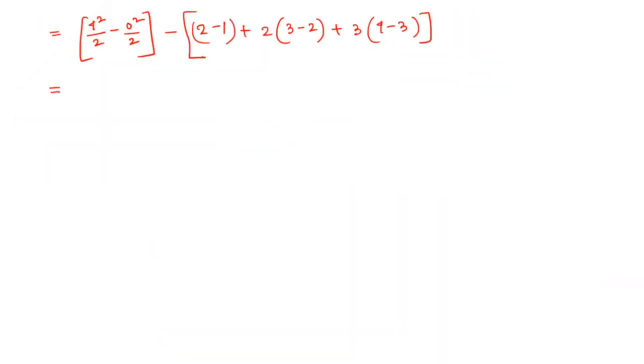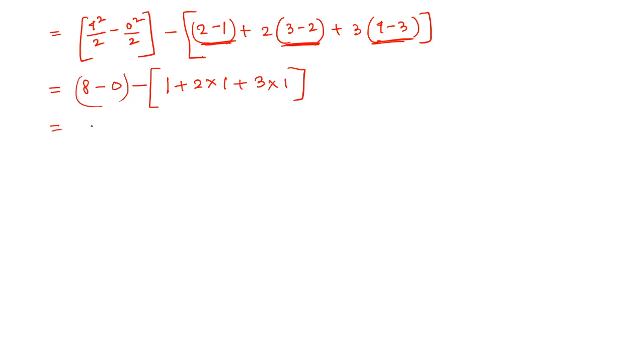So now we get 4 square by 2, that is 16 by 2, that is 8, minus 0 square by 2 is 0, minus 2 minus 1 will give us 1, plus 2 into 3 minus 2 would give us 1, plus 3 into 4 minus 3 would give us 1.